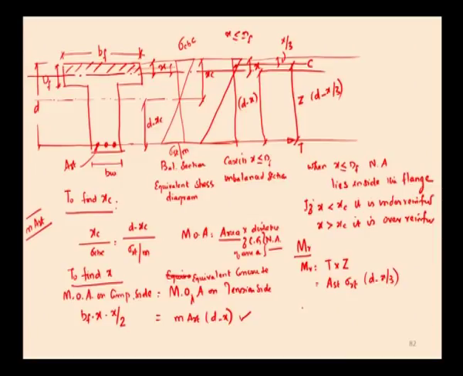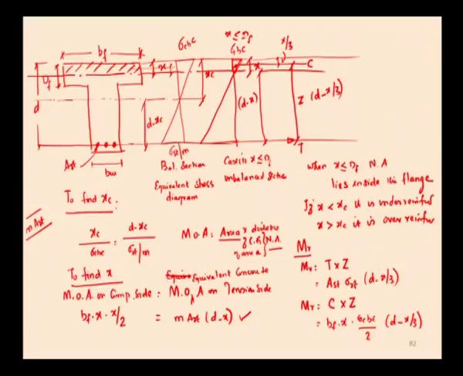Another formula: MR is equal to C into Z, where C is the force, that is stress into area. Here the area is BF into X, and since the stress diagram is triangular, if sigma CBC is the stress at the top, the average stress is sigma CBC by 2, into d minus X by 3.